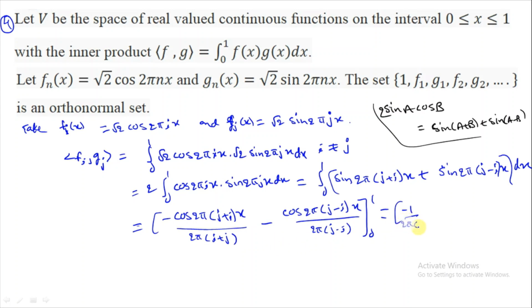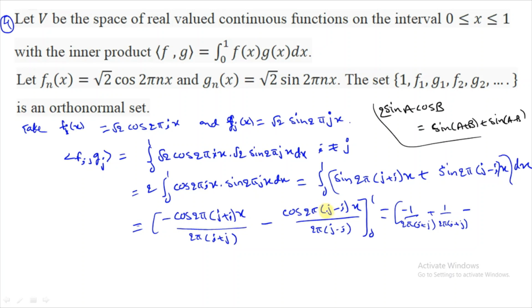When we substitute 0, minus minus plus, cos 0 is 1, giving 1 by 2 pi (i plus j). This is 0. Again for the other term, whether j is the bigger number or i is the bigger number, j minus i may be positive or negative.